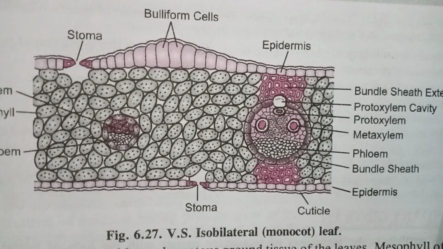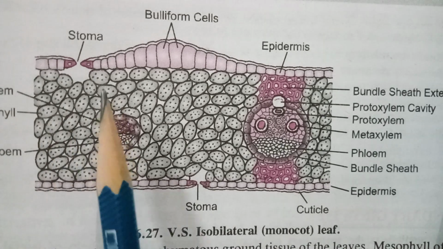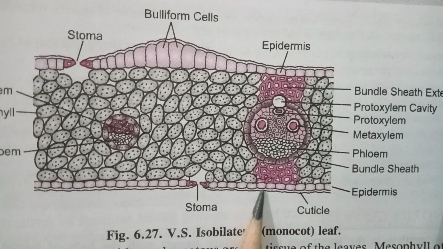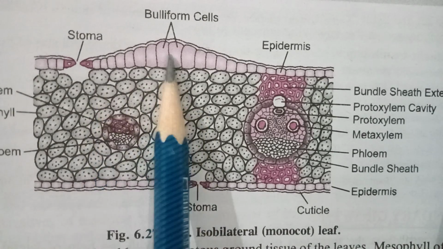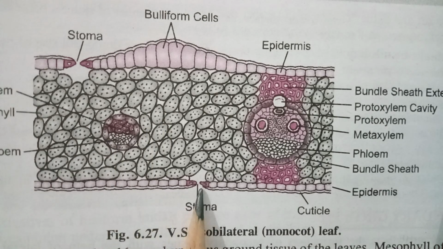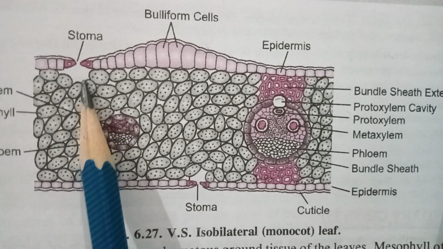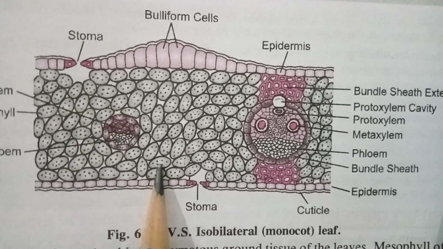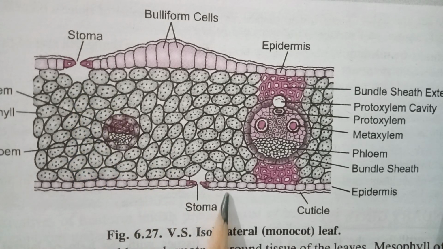The epidermis is the outer layer which protects the internal tissue. Both the upper epidermis and lower epidermis are not continuous. They are interrupted by stomata, which are meant for gaseous exchange and transpiration.